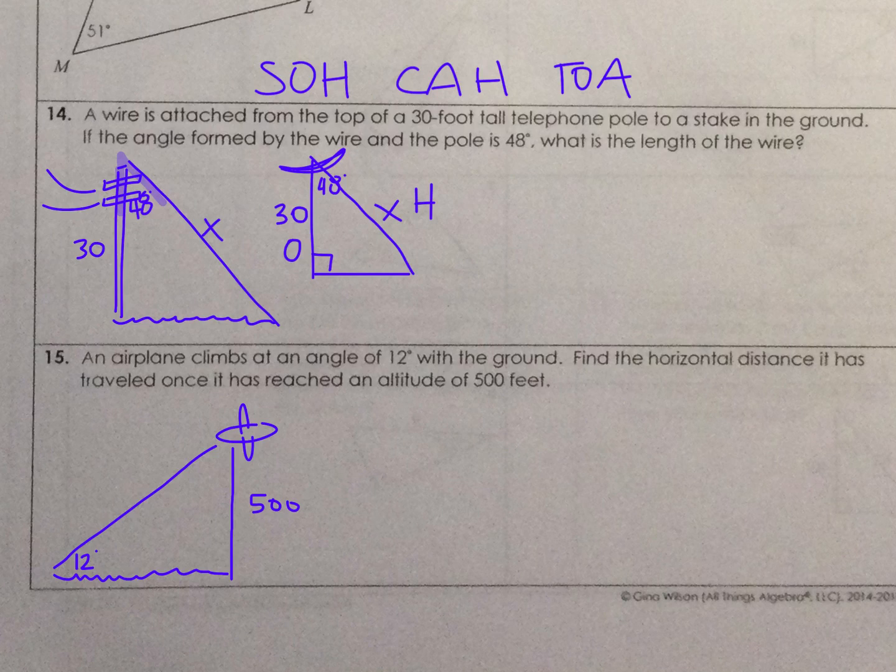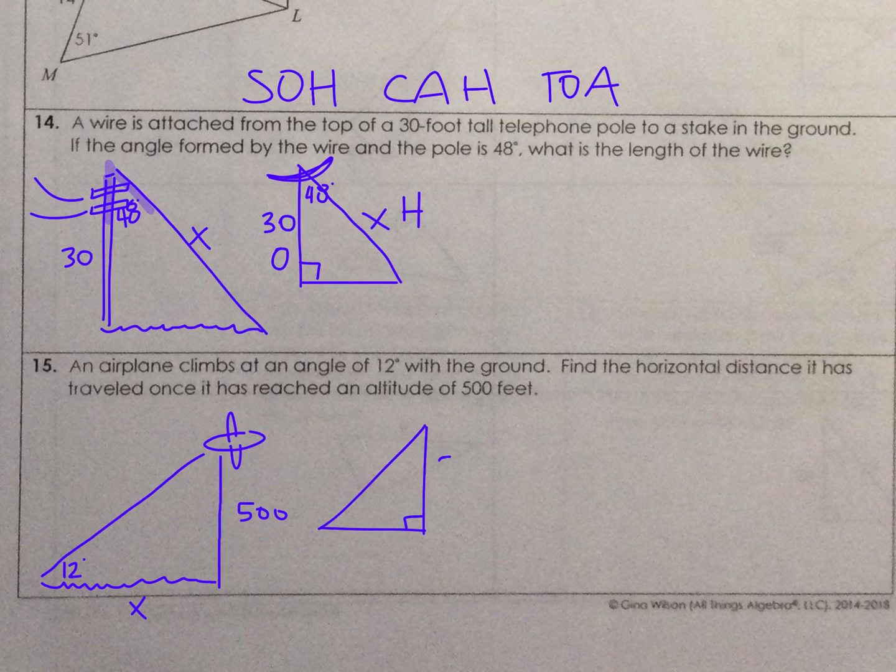And we want to know how far it's traveled, the horizontal distance. So that distance across the ground. So here's our triangle, right angle, 500, 12 degrees, and x. So if I'm working with that angle, my opposite is the 500, my adjacent is the x. So use that to solve how far the plane has traveled.